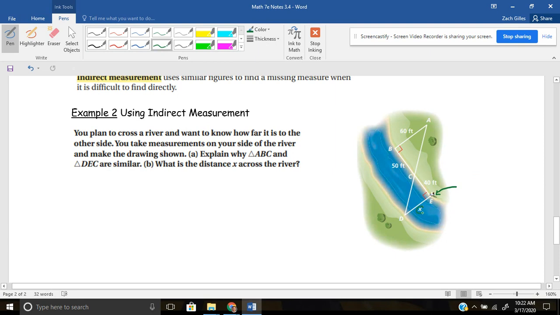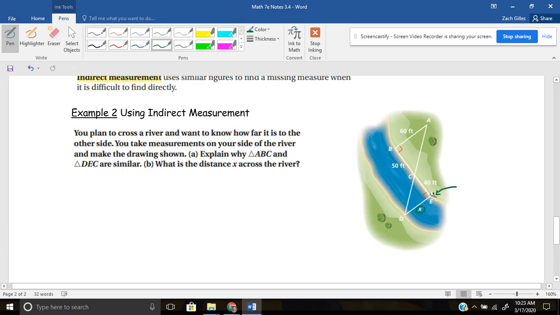That's why you'll see it's labeled with an X. That distance is an X. You take measurements on your side of the river. So here's ABC. We're taking some measurements to see how far it is actually across. So explain why triangle ABC and DEC are similar.